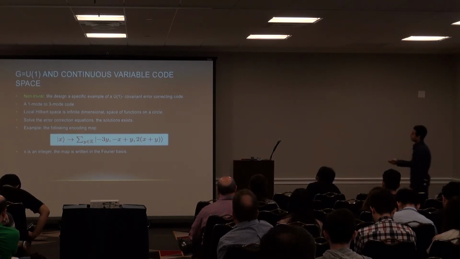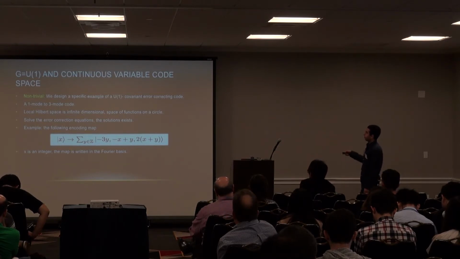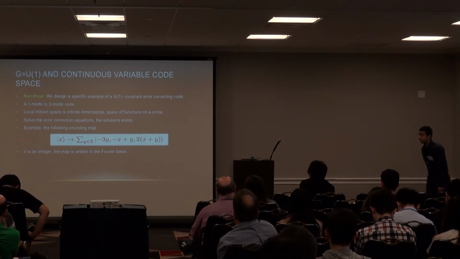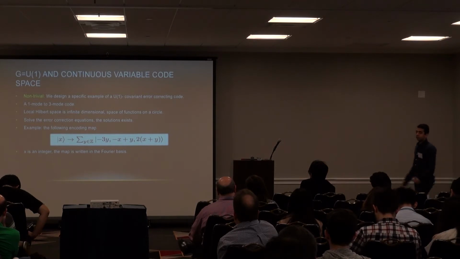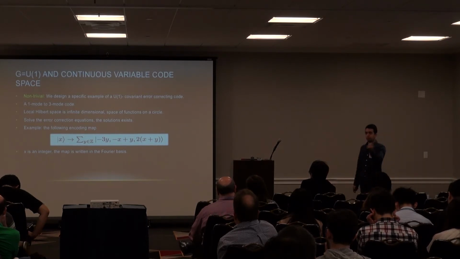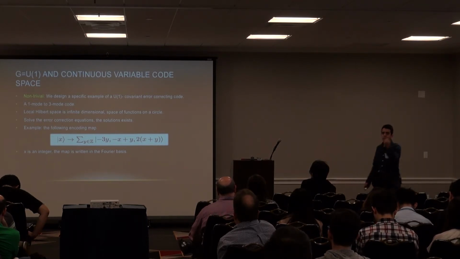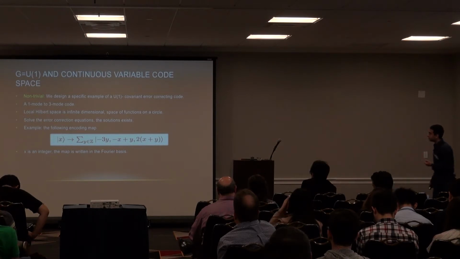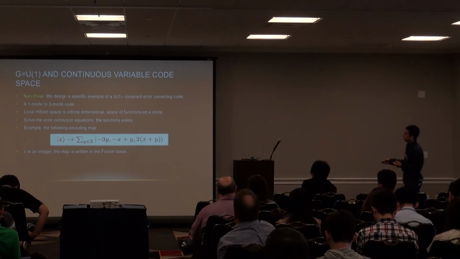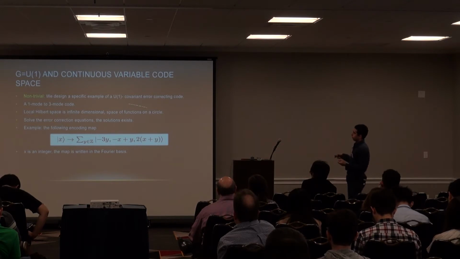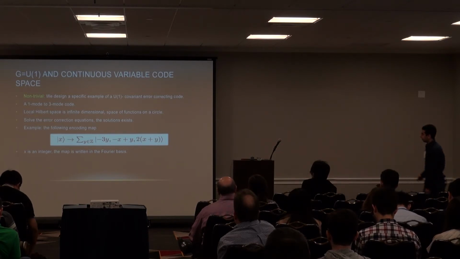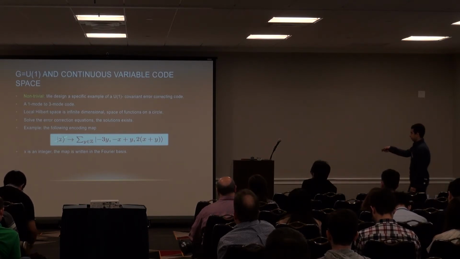What I do is that I choose my local Hilbert spaces to be infinite dimensional, and they are actually a space of functions on a circle. So it's kind of a regular representation of the U1 group again. And we can solve the error correction condition. The solution exists, and I have this type of map: X to this superposition.